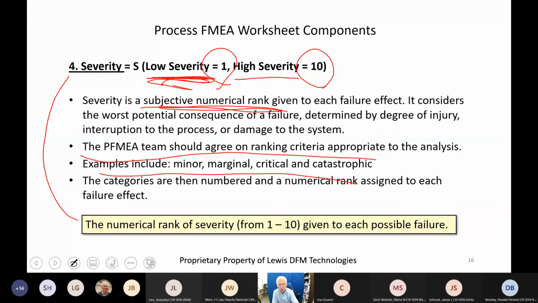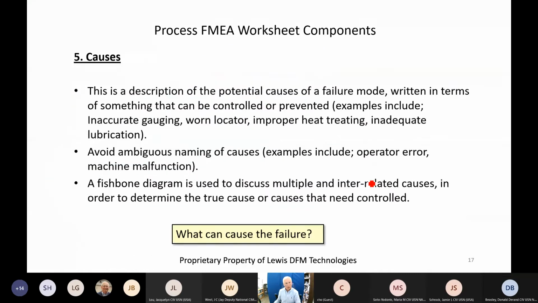It includes minor, major, marginal, critical, and catastrophic impacts in severity. So those are the things you'll see in the little cheat sheet in the back of the presentation. So I'm moving on to causes. This is a description of the cause of the failure.